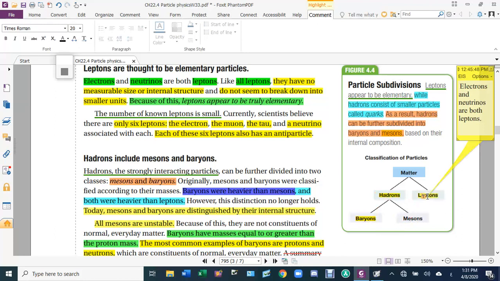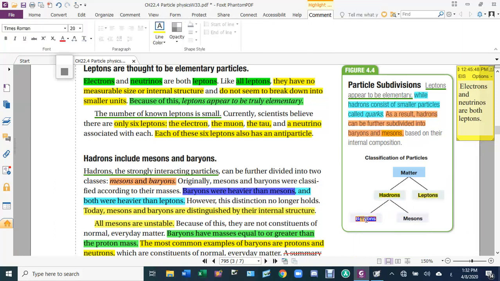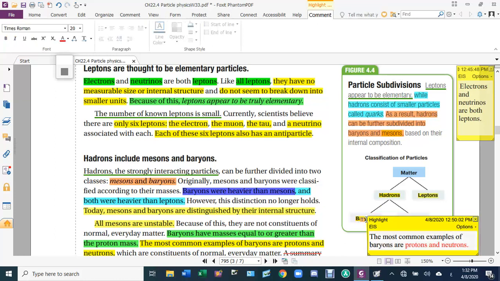Leptons: electrons and neutrinos are both leptons. Hadrons: the strongly interacting particles. Baryons: the most common examples of baryons are protons and neutrons.